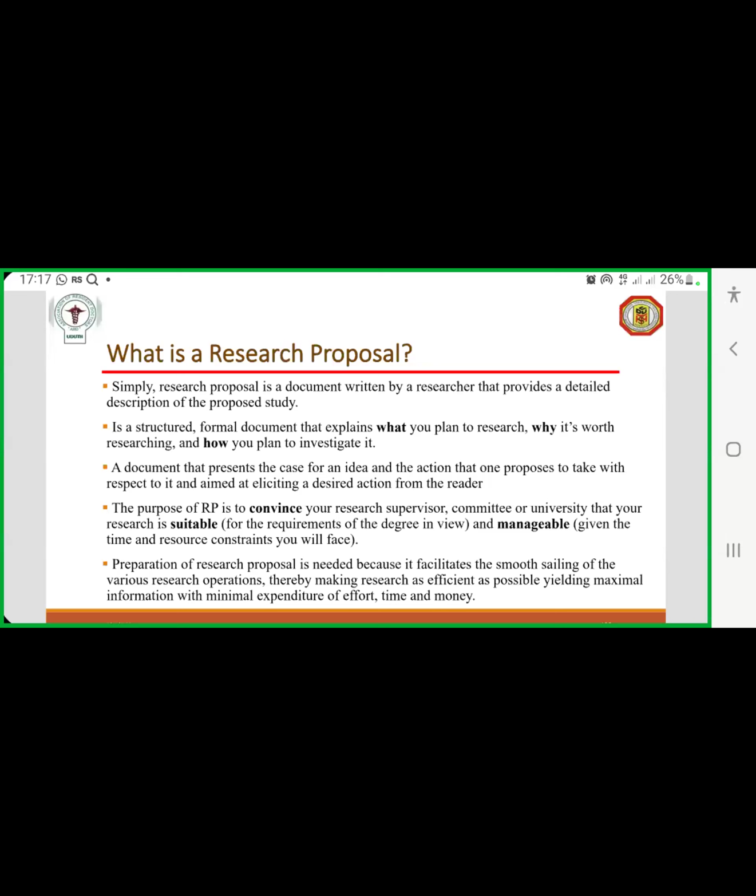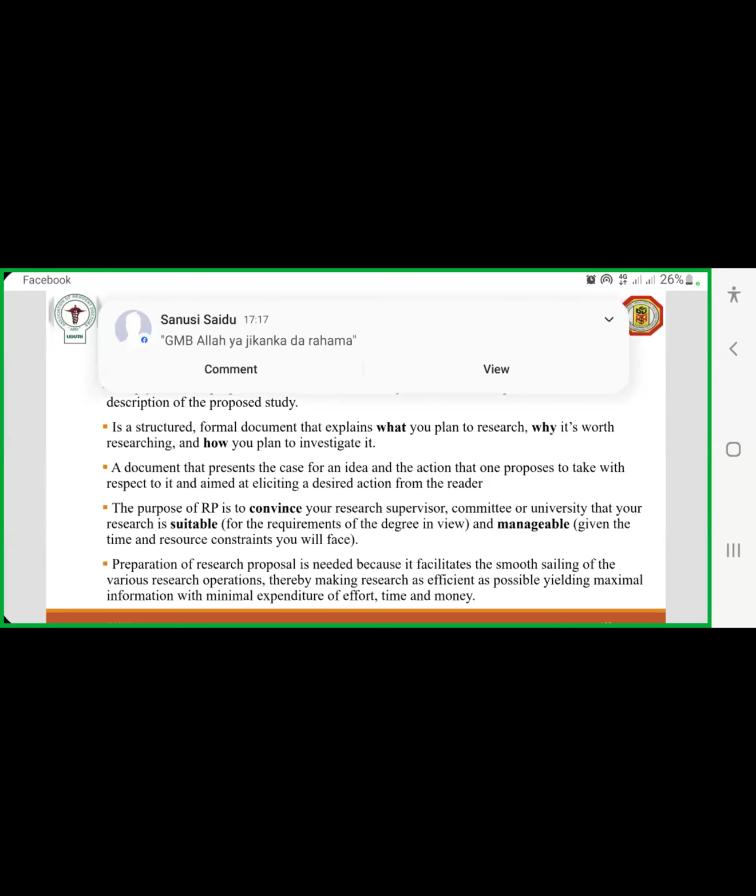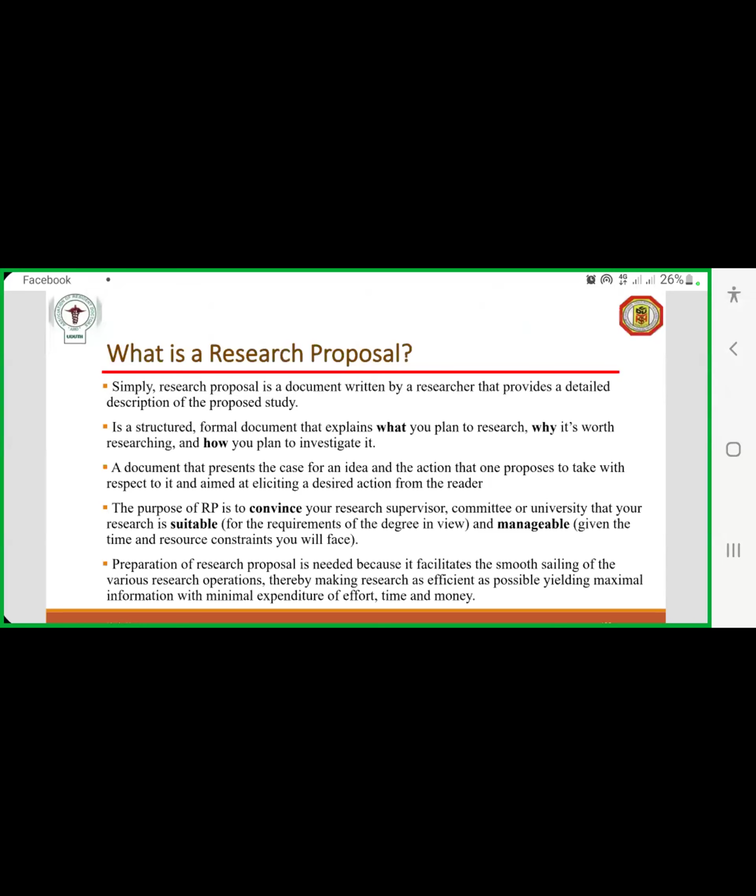Everything that you are going to do, you have to write it, even who is going to take data for you and who is going to do what. You must write everything from the title up to the analysis stage. I think this part is very important for us as residents.